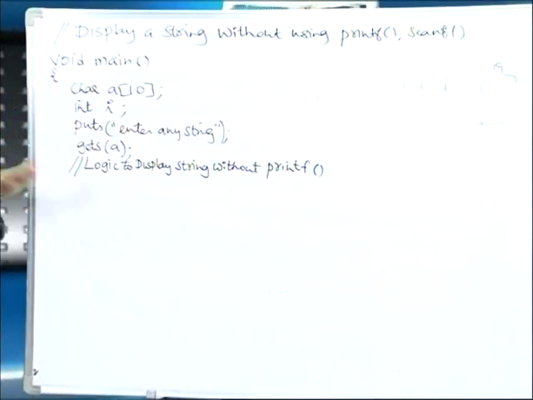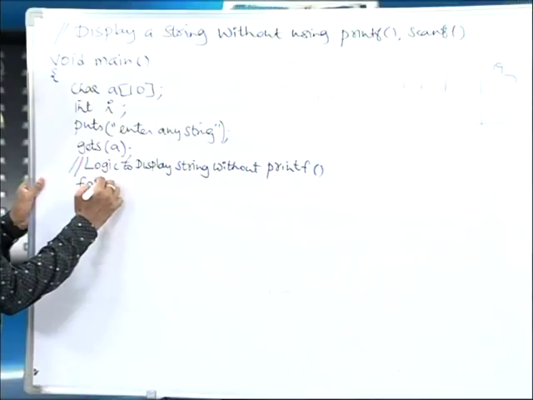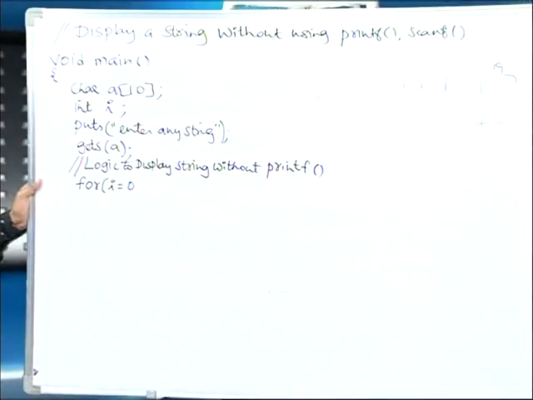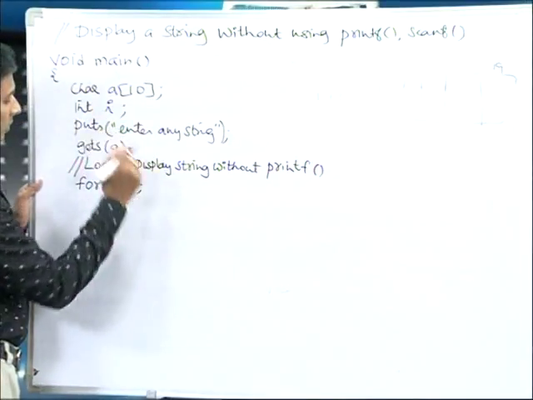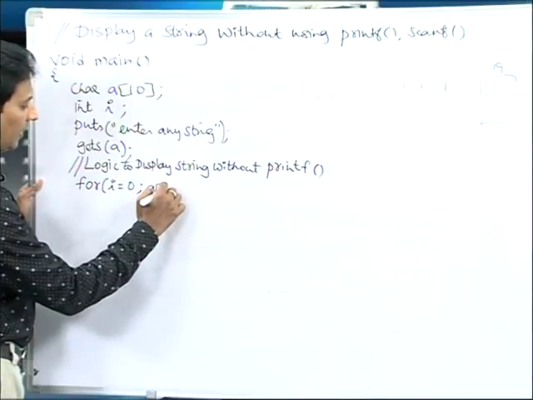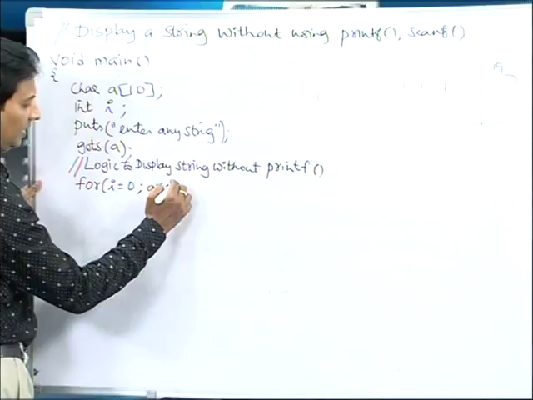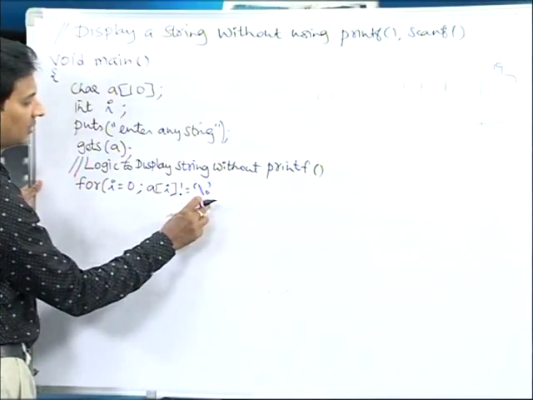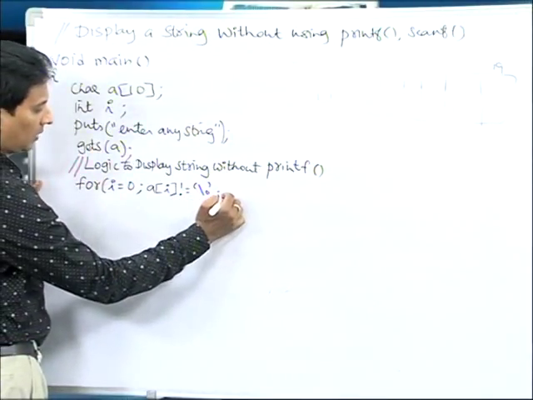First, use one loop where the index I starts from 0. We know up to how many times: a of I is not equal to \0, because the end of the string is \0. Semicolon, I plus plus.